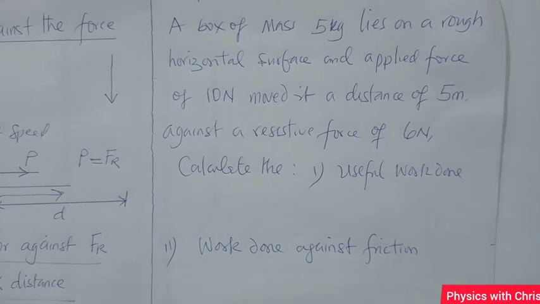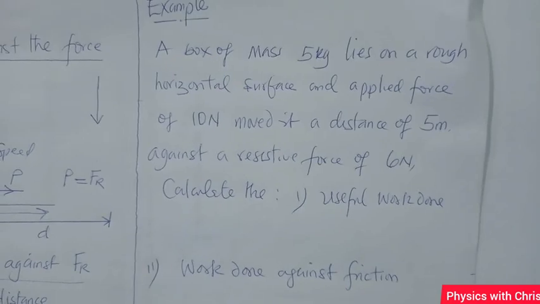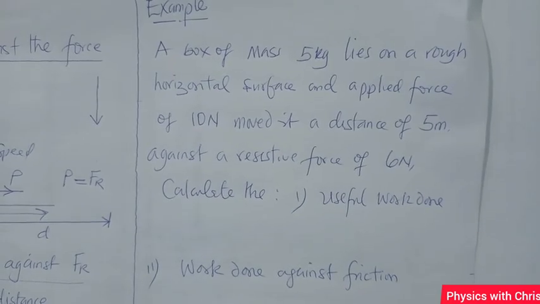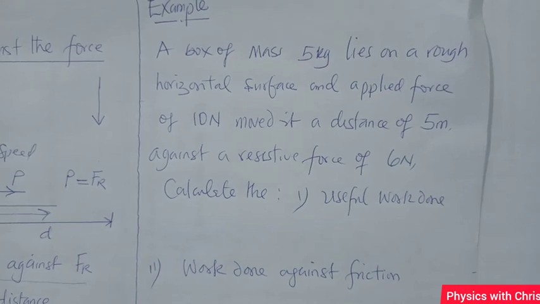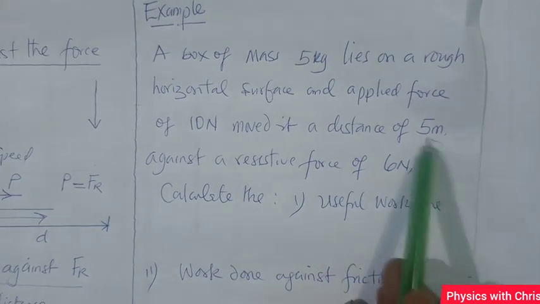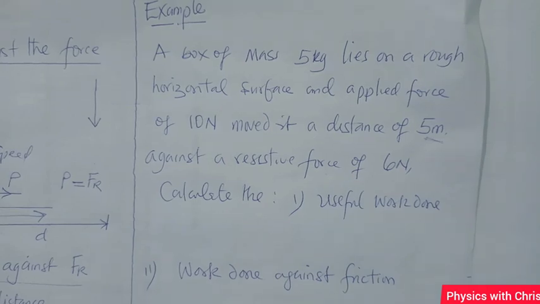Okay, so calculate the useful work done. When we ask to find the useful work done, we are talking about the minimum work that will be required to move this box of mass through this distance, 5 meters, assuming there were no frictional force. So when the question says useful work done, we are looking at a case where frictional force is negligible.